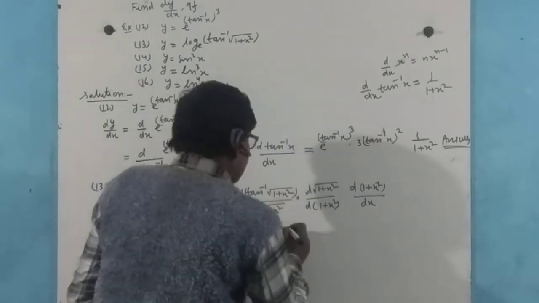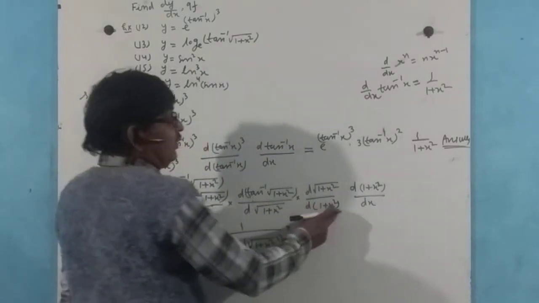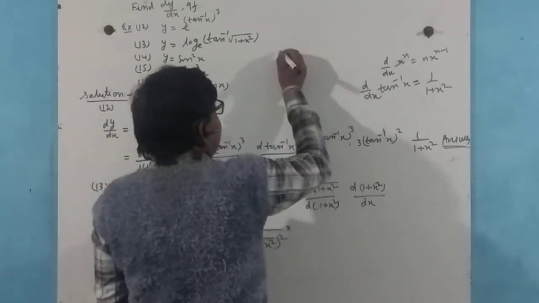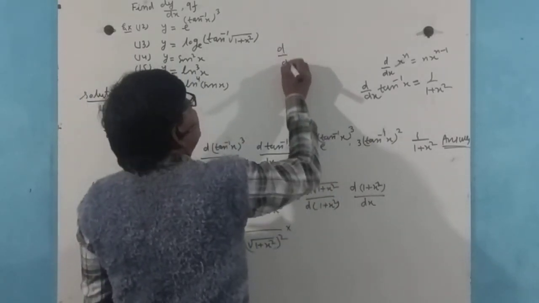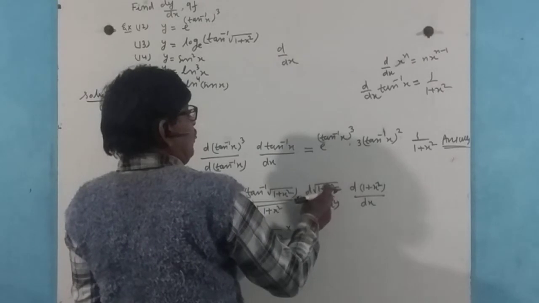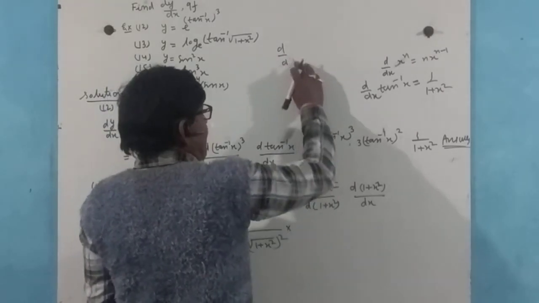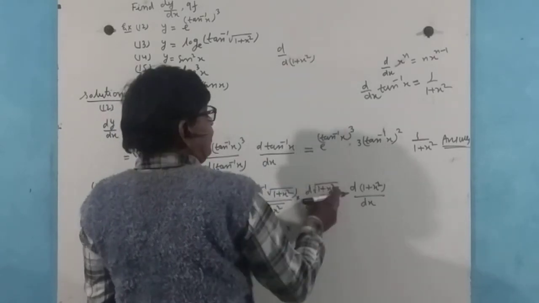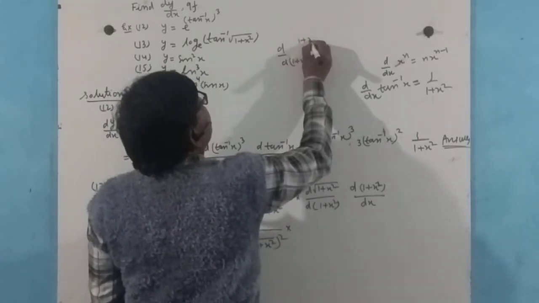Now this is here d by dx of this, with respect to this, 1 plus x square, which is equal to (1 plus x square) to the power half.